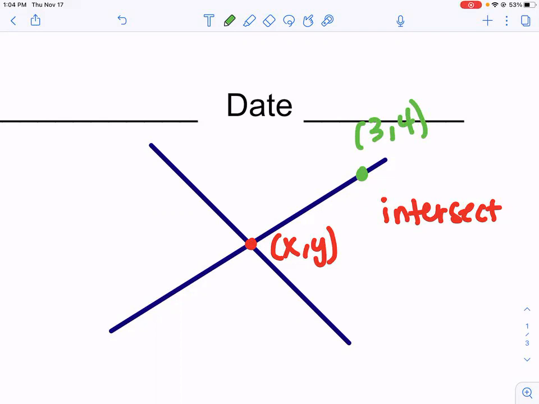Okay. So if we have an equation and I have this coordinate, what does the coordinate do in the equation? It does serve a purpose, a purpose that makes it equal, a purpose that doesn't make it equal.